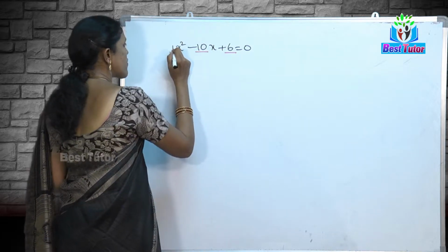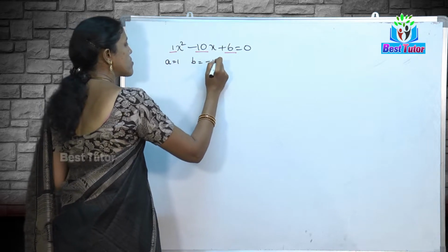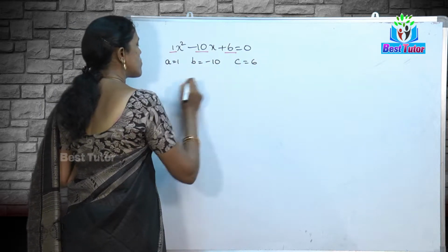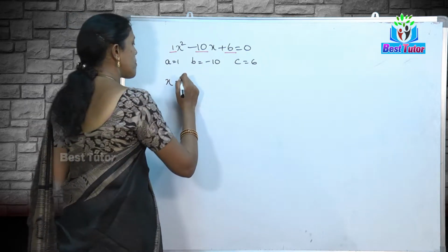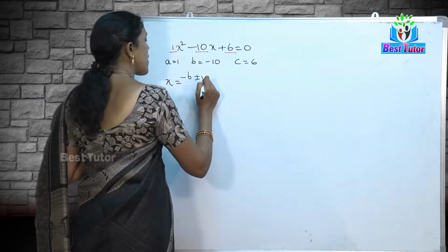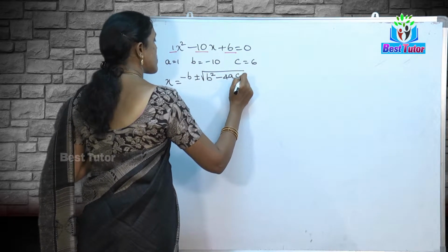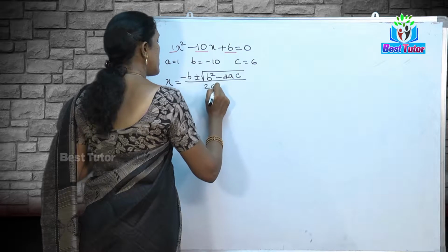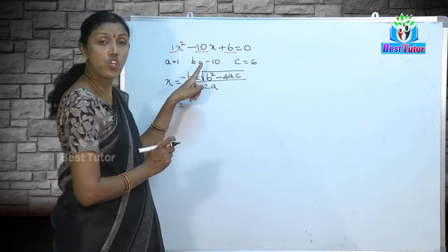What is the coefficient of x square here? 1. So a is equal to 1, b is equal to minus 10, c is equal to 6. So the formula is x is equal to minus b plus or minus root of b square minus 4ac by 2a. Let us apply this, correct substitution should be done. Minus b, actually b is minus 10.